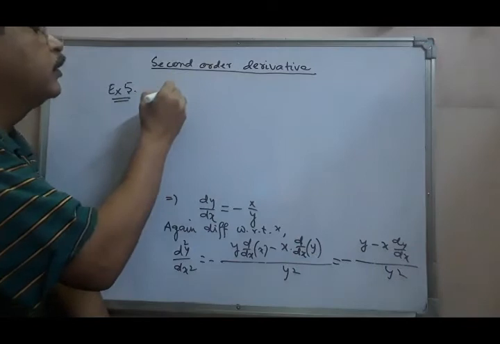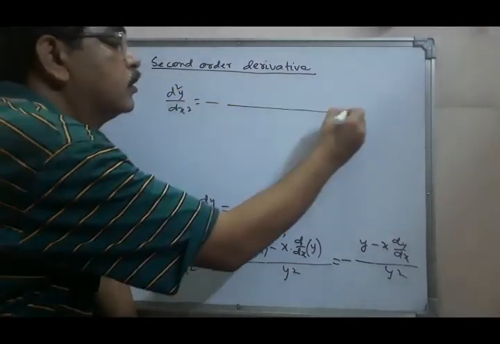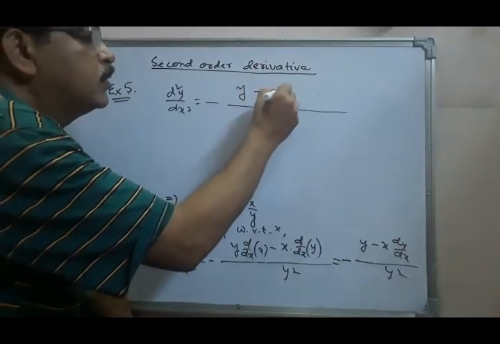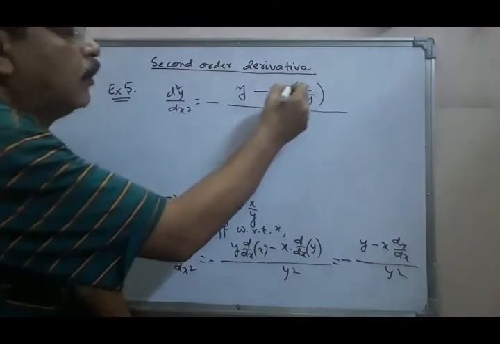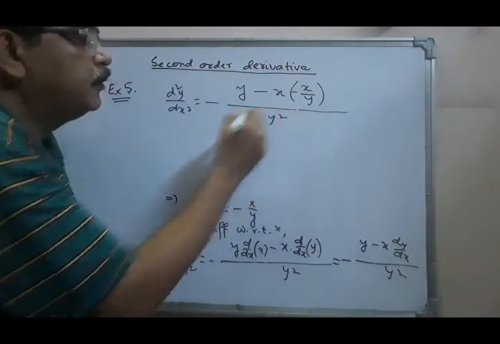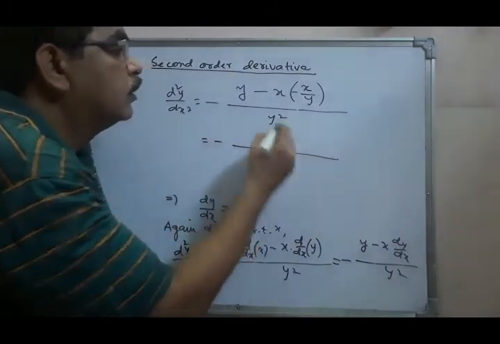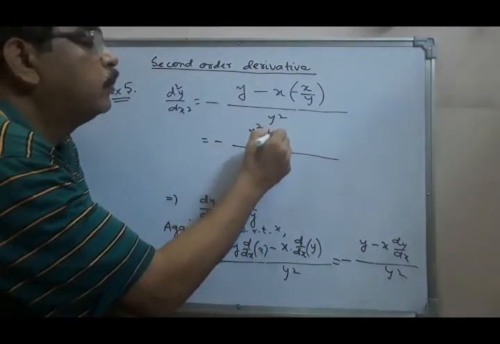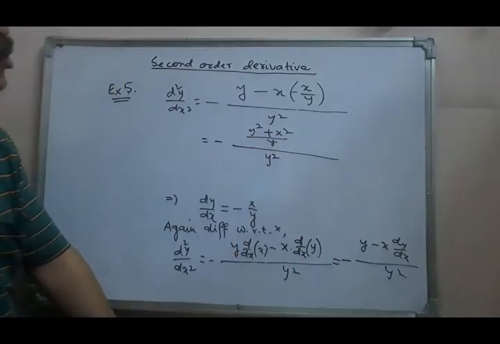So then what we'll get? d2y by dx2 equal to minus y minus x by y, that is minus x by y, divided by y square. So therefore minus, it is y square plus x square by y square.